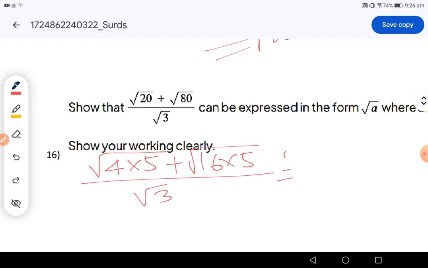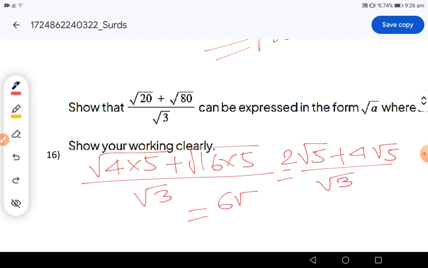So here 2 root 5 and plus 4 root 5 by root 3. So 4 plus 2, 6 root 5 by root 3.